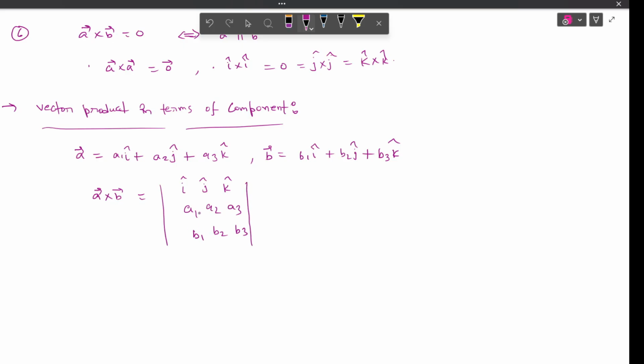Or you can simply find the cross product, that is a1 i cap plus a2 j cap plus a3 k cap cross product with b1 i cap plus b2 j cap plus b3 k cap.